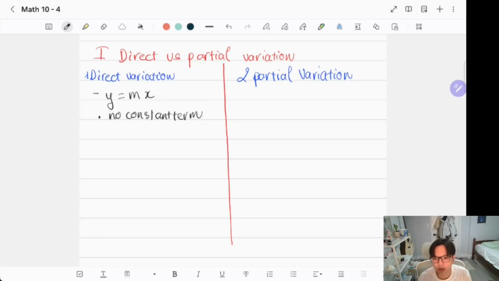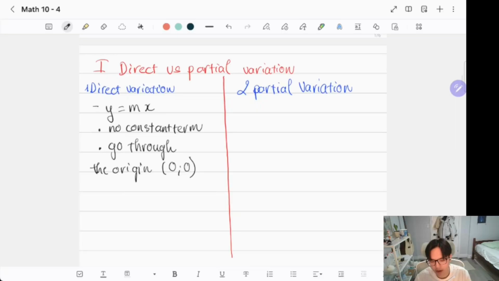The constant term, we know, is the plus b that we learned in linear equations, but for direct variation there is no constant term, right? And it goes through the origin. The origin here is 0 and 0.